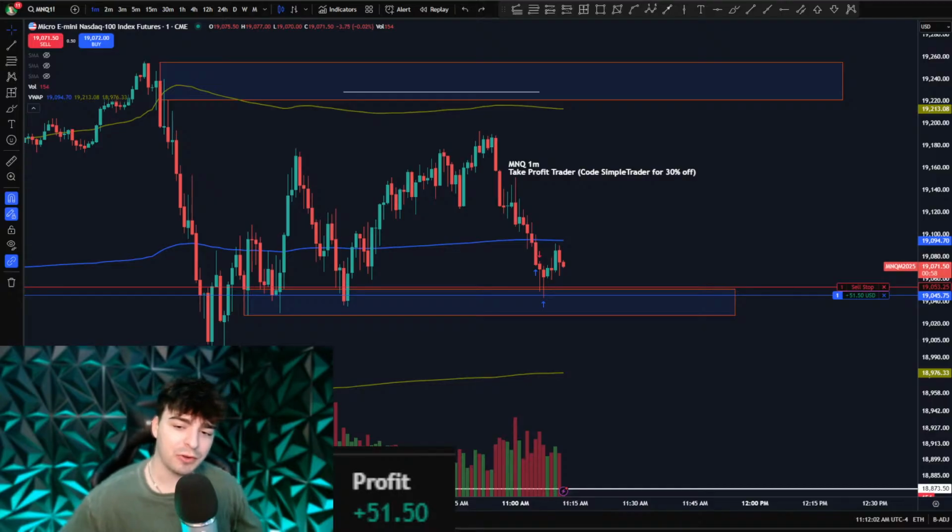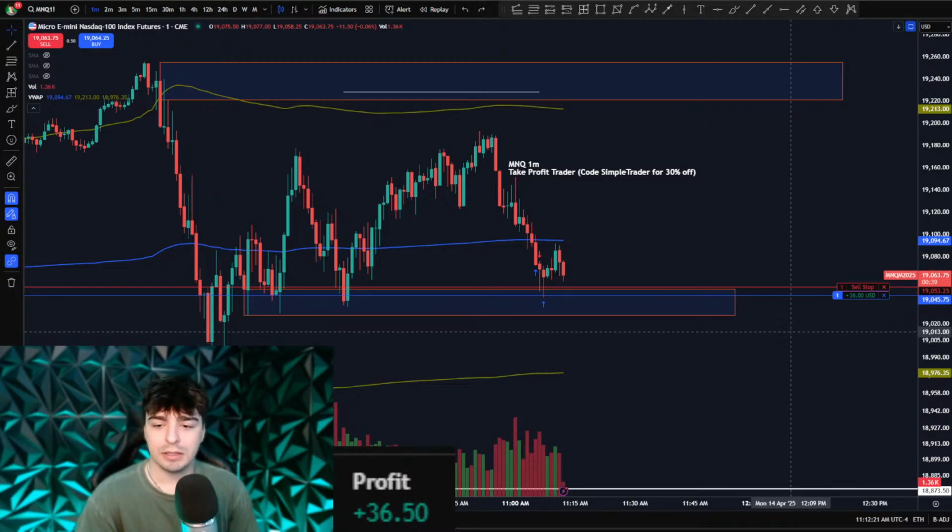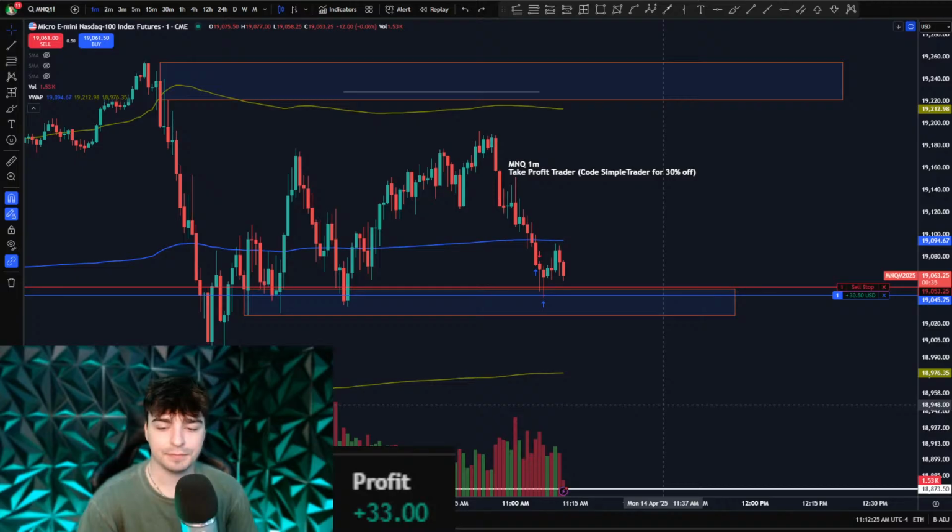That's why I'm trying to follow the trend a little bit more, because I want to be able to hold my positions longer and catch those 5R, 10R trades. But if it was that easy, everybody would do it, right? Alright, well, this thing's coming back down for now. It's not looking too hot.